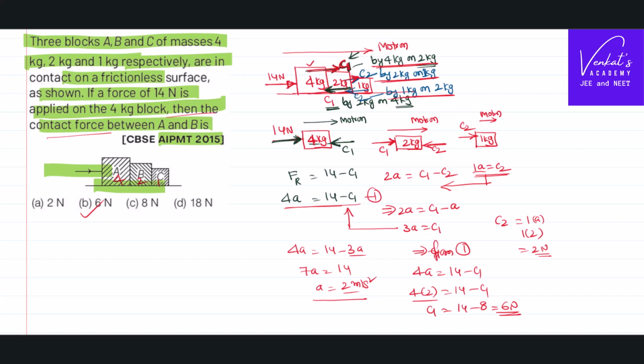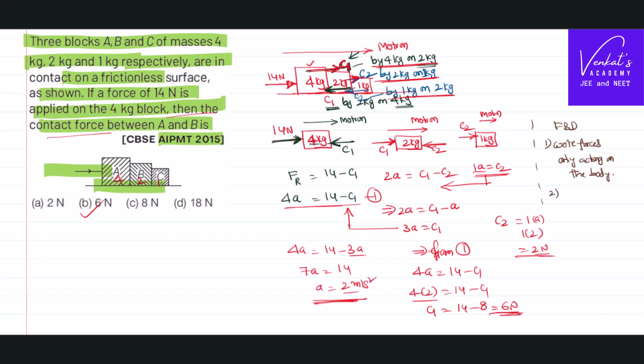We can find both C1, C2 and the acceleration of the system using free body diagrams. The most important part of all this discussion is how to draw a free body diagram. There are two rules. Rule number 1: write forces only acting on the body, never the forces applied by the body.